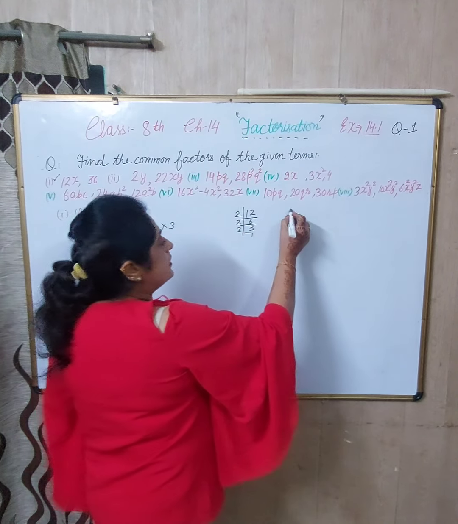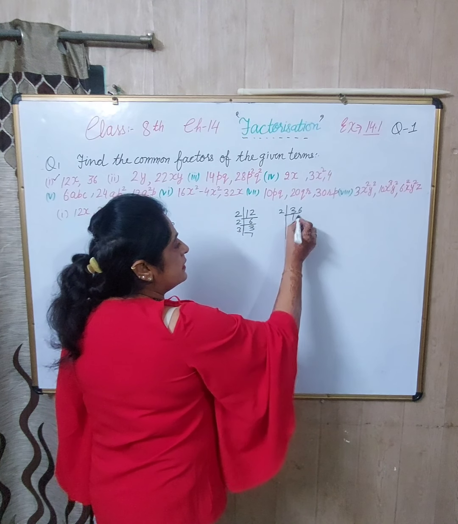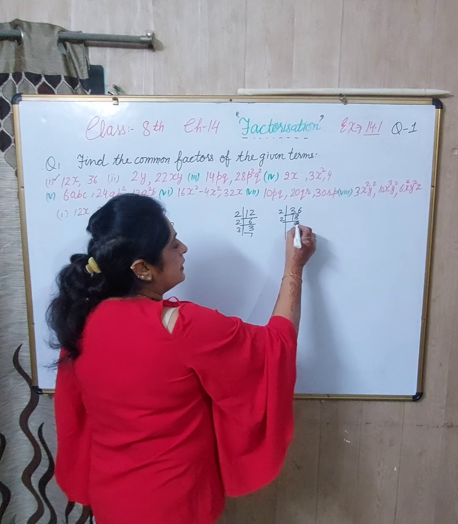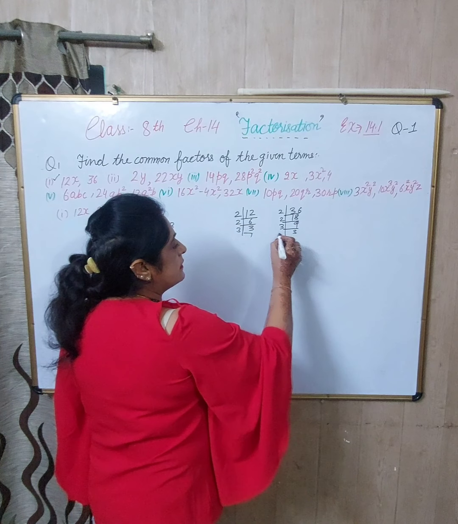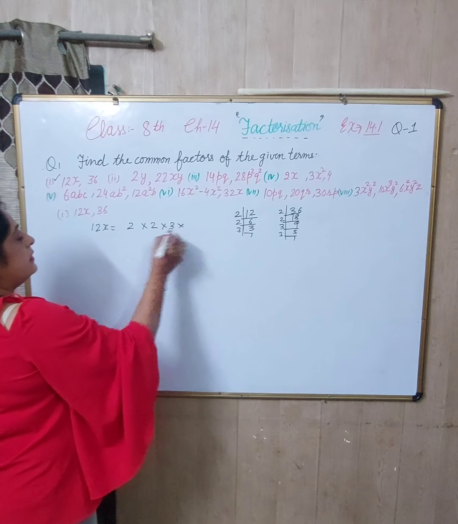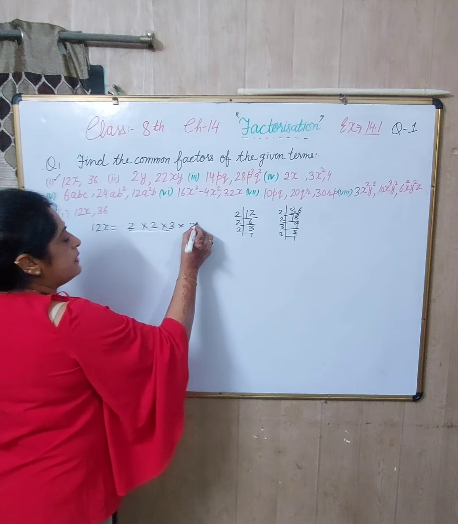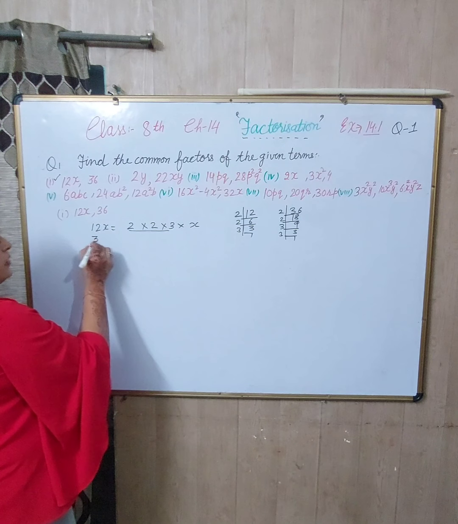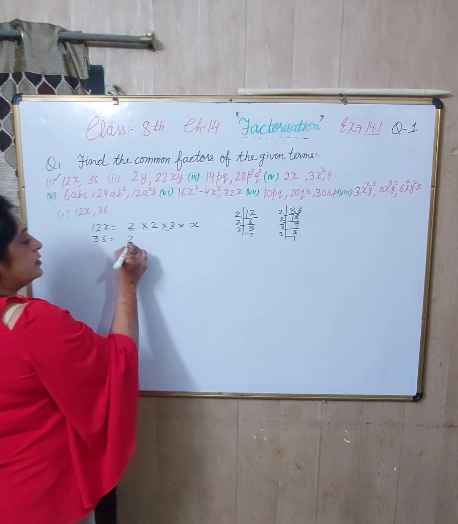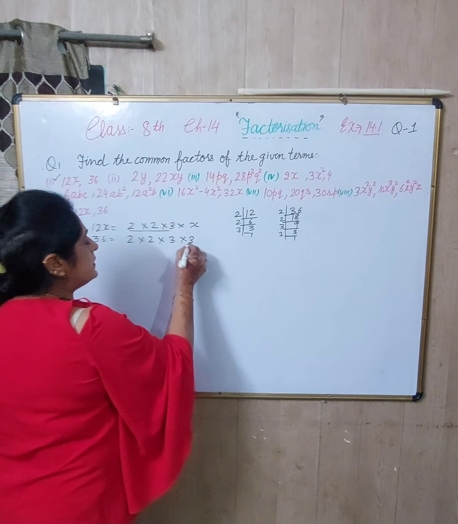Now the same prime factors of 36, 18, 9. Here 12x is the multiplication of 12 and x, and then you write for 36: 2 multiply 2 multiply 3 multiply 3.